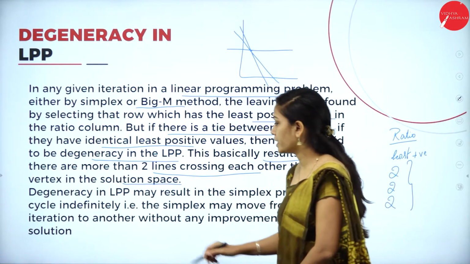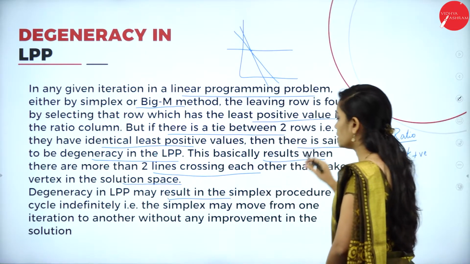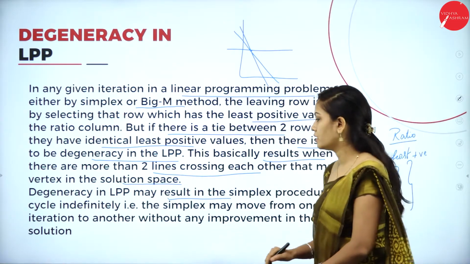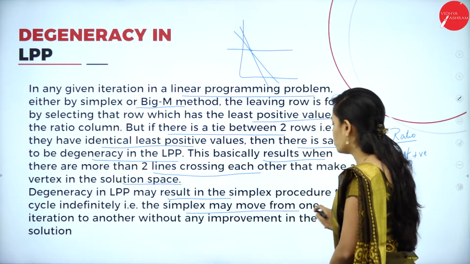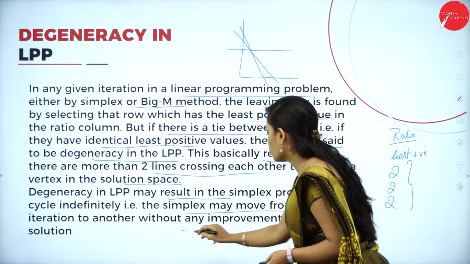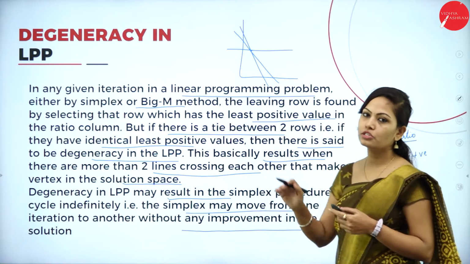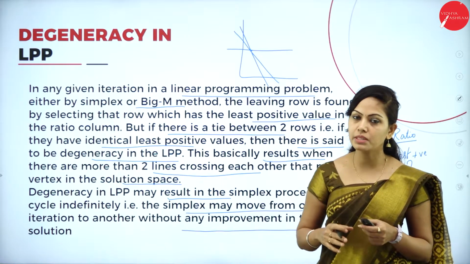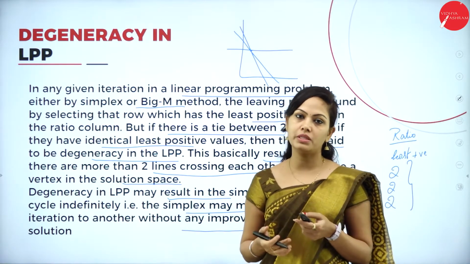Degeneracy in LPP may cause the Simplex procedure to cycle indefinitely. That is, the Simplex may move from one iteration to another without any improvement in the solution. Sometimes this degeneracy will occur in the Simplex method, B.C.A method or two-phase method.